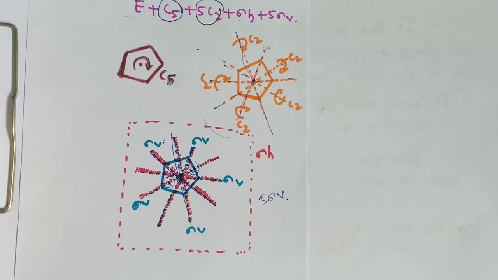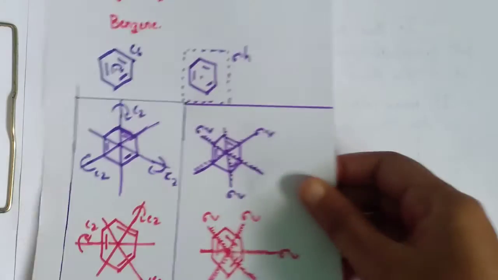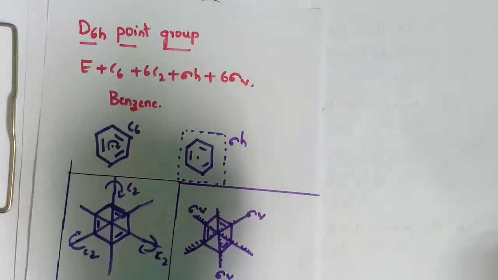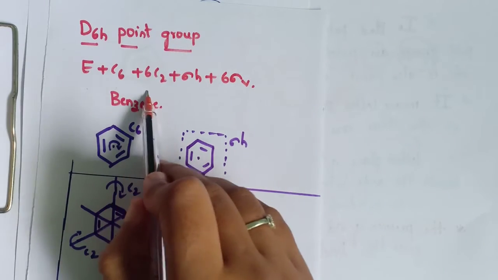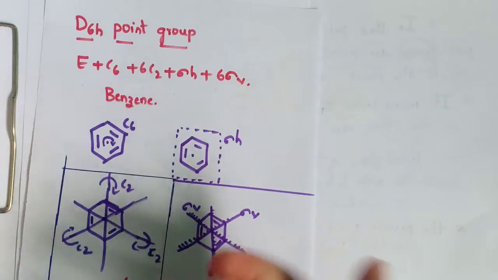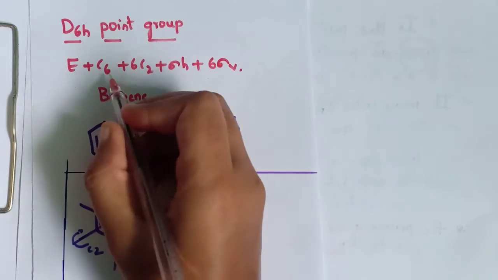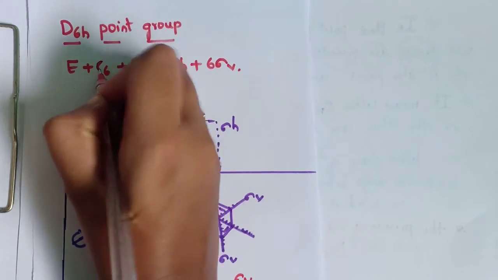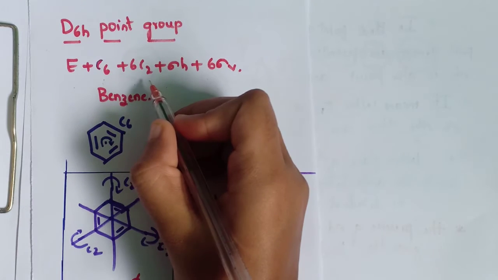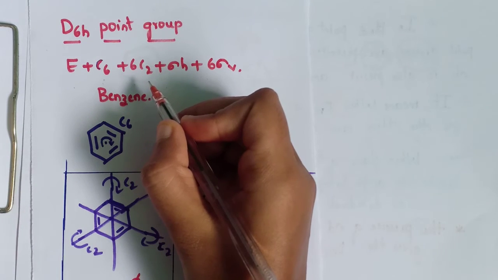Next, coming to the D6h point group. In this D6h point group, the symmetry elements present are identity, C6, 6 C2, sigma h and 6 sigma v. Identity is present in all molecules, and C6 is a 6-fold axis of symmetry. If a 6-fold axis of symmetry is present, how many C2 will be present? There will be 6 C2 or 0 C2.